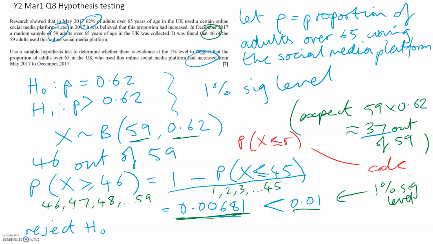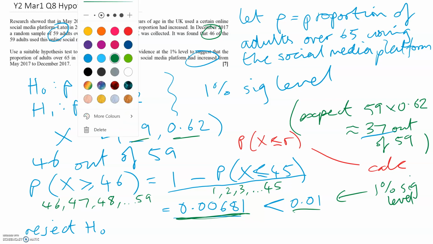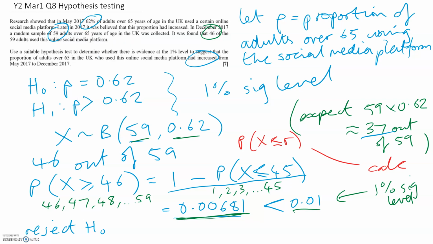Another way of doing this is to find the critical region. So what you could have done, if I just do this in a different color, you could have found the critical region instead.